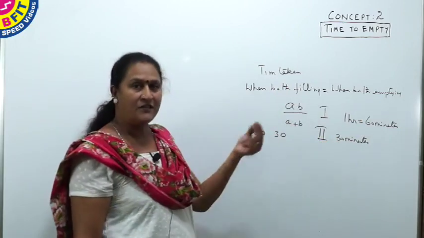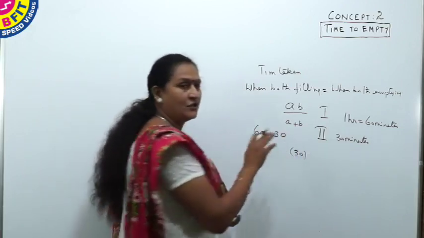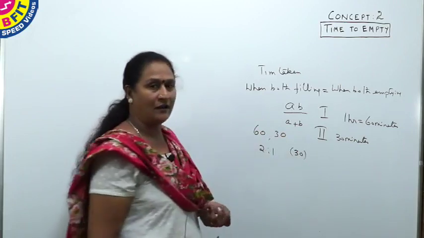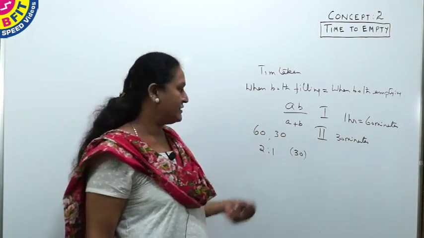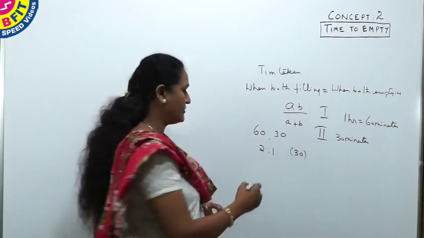Now instead of taking 60 and 30, we will get the ratio. 30 is a common factor, so it is in the ratio 2:1. The common factor we have taken out is 30. Now we can work AB by A plus B for these ratios itself.